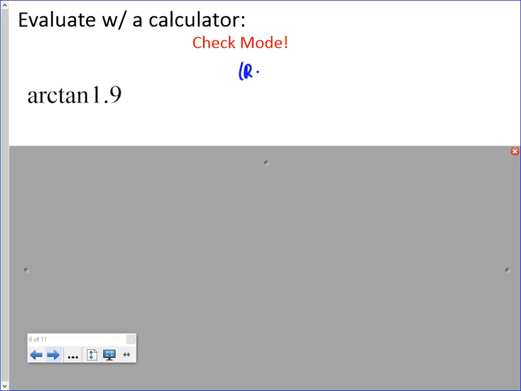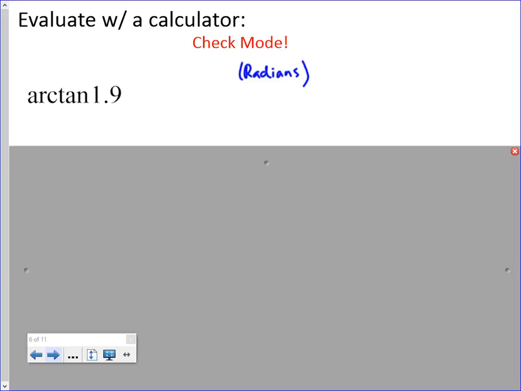Now, this is probably opposite of everything you've ever done with inverse trig ratios. Because a lot of times in geometry, when you're doing inverse trig ratios, you're trying to find an angle of elevation or an angle of depression or just an angle in a right triangle. So you probably have your mode set to degrees. So you could tell me that angle is 53 degrees. But in these calculator problems, your default mode is going to be radians.